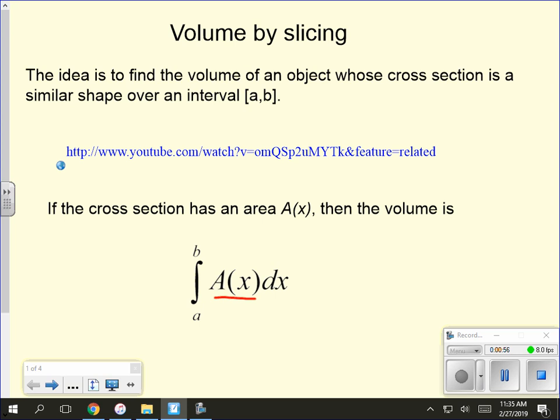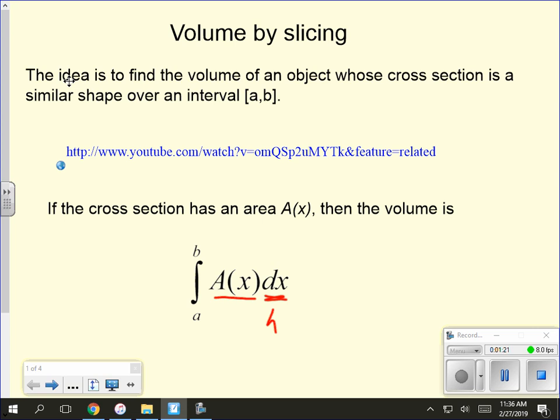But remember, what is dx? Dx is the change in x. So this is the cross-sectional area times the height or depth of each slice, the width of each slice. That's what dx is, the distance in x.